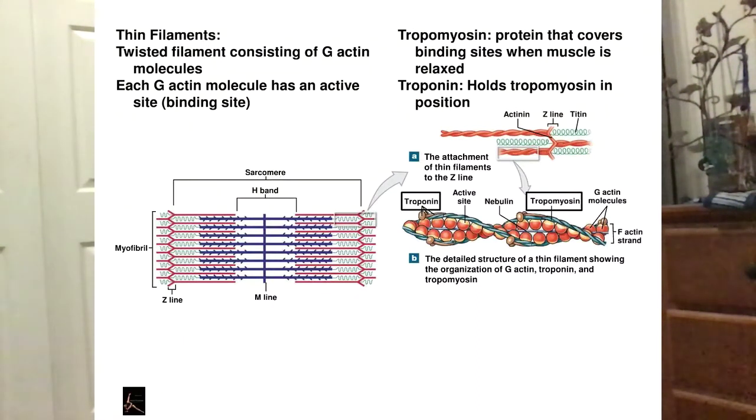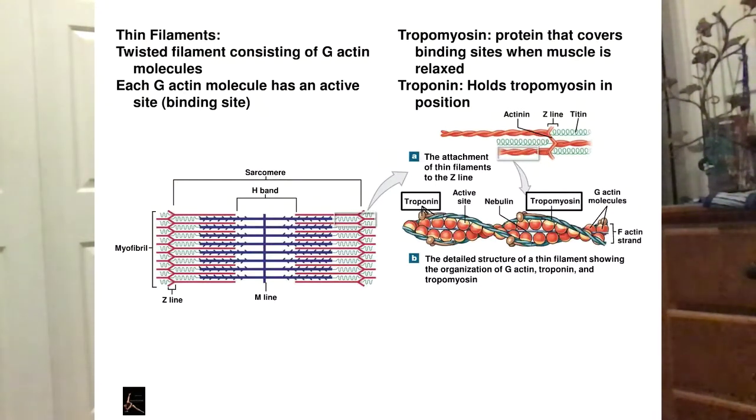Notice on it, it has what's called an active site. An active site is where something binds to that area. It allows an interaction with another molecule in that area. Okay? But we're going to control that interaction with another molecule, and we control it by the rope-like structure called tropomyosin.